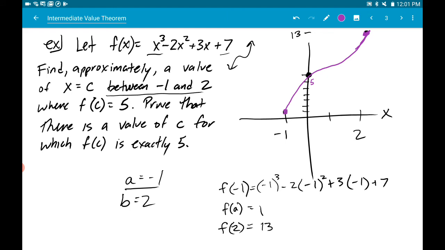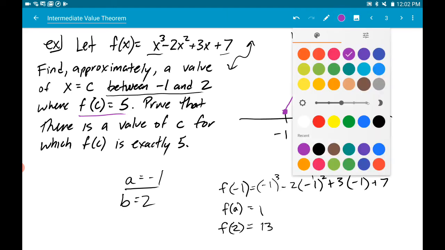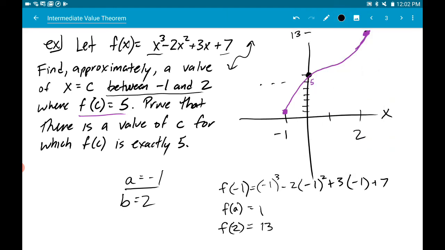And so if it's got to start here and end here, and I can't lift up my pencil, then at some point it's going to pass through 5. Right? It's got to cross that threshold at 5. And I can see visually that it totally does.